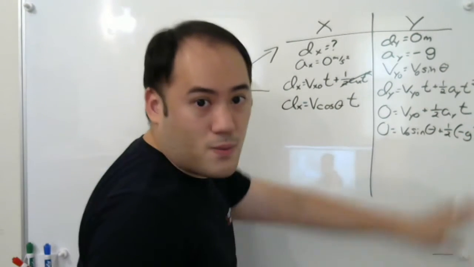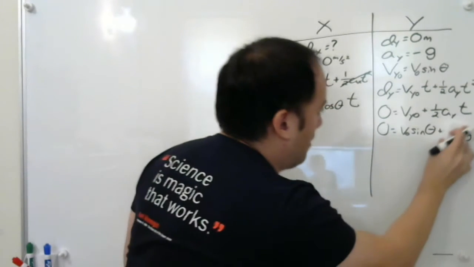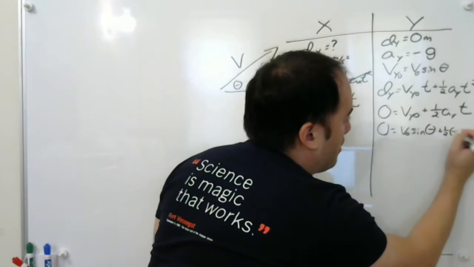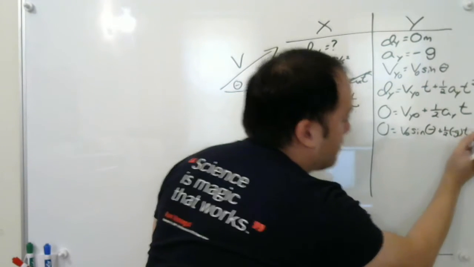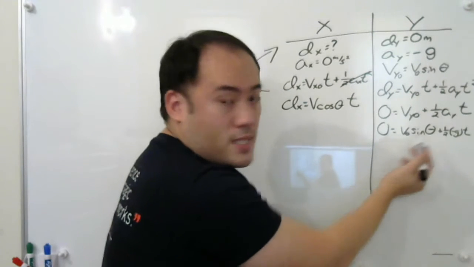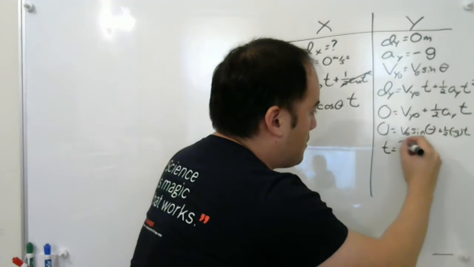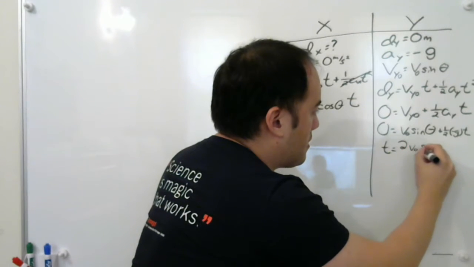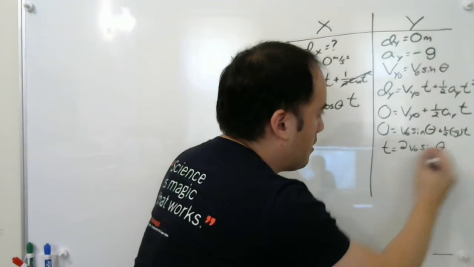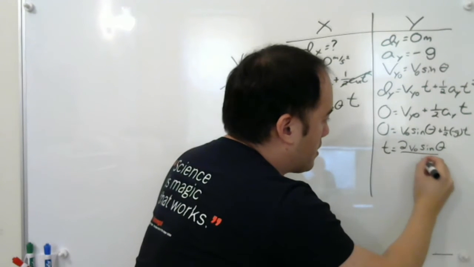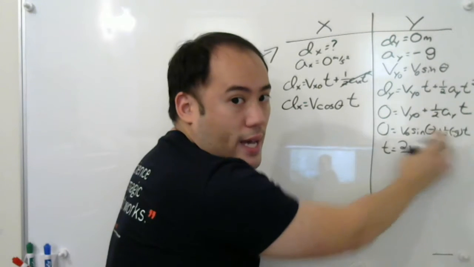Is this off the whiteboard? Yeah, it is off the whiteboard. 1/2 negative g t. Solve this for t. T equals 2 v naught sine theta over g. The negative goes away because you add it to the left side.